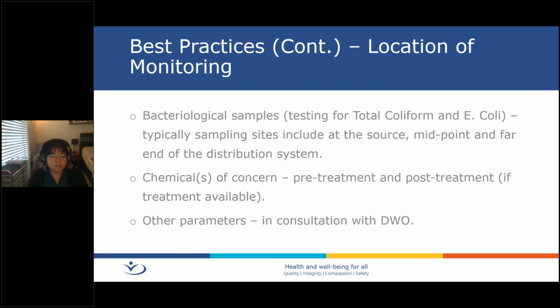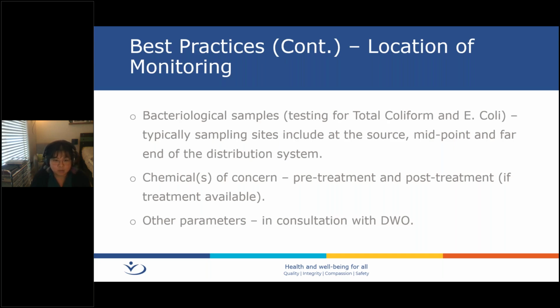So for bacteriological samples, when you're testing for total coliform and E. coli, typically the sampling site should include the source, the midpoint, or the far end of the distribution system. So when you're determining location of monitoring, this is something to take into consideration. You want to select a sampling site or location that is representative for the water system.